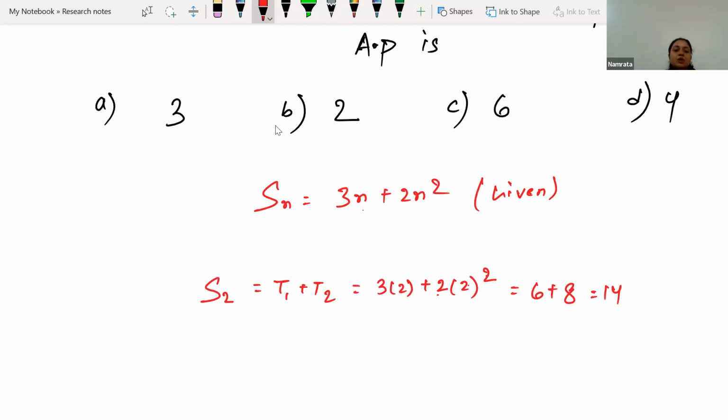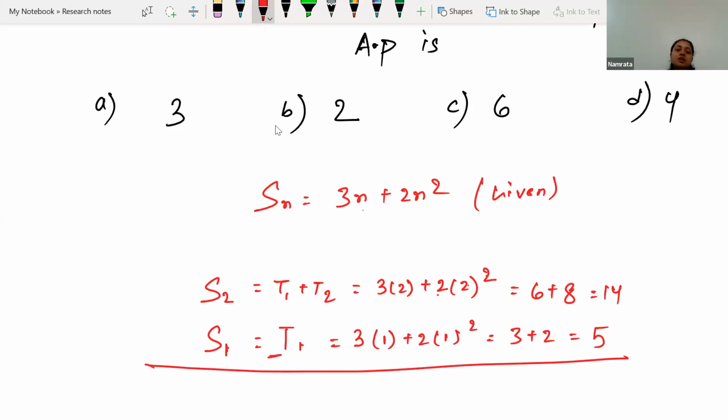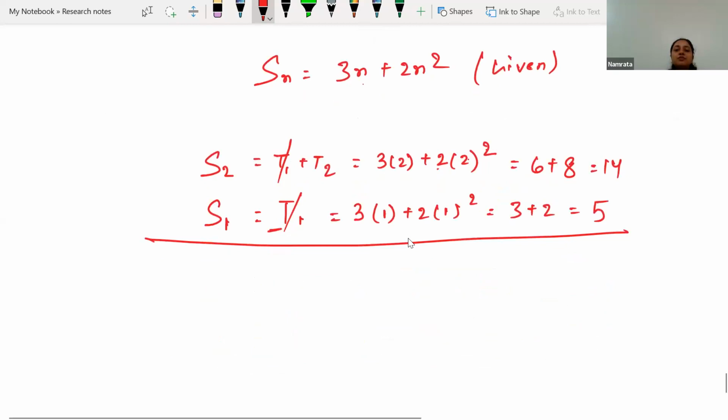Yes. Now the sum of one term, that means only the first term, t1, we substitute 1 over here. So we get 3 into 1 plus 2 into 1 square, that means 3 plus 2, that means 5, right? If we subtract both of them, t1 cancels out and we have t2.